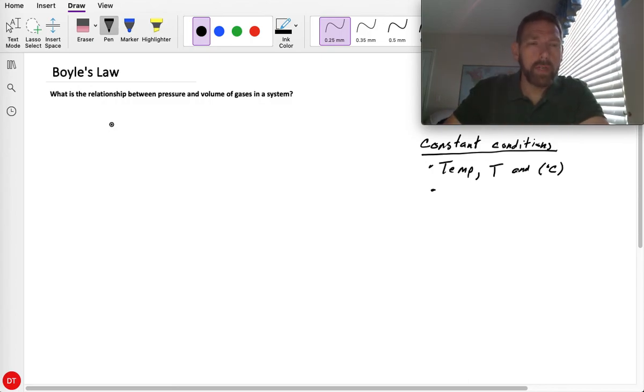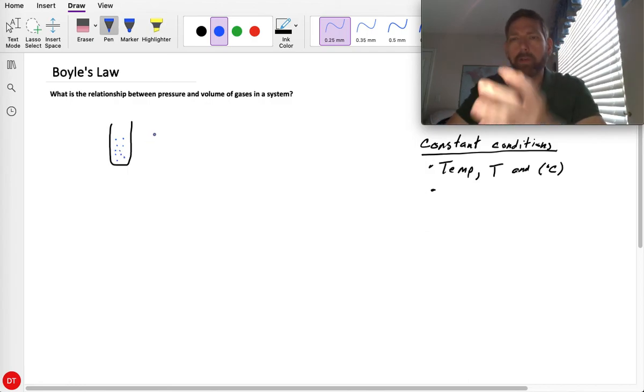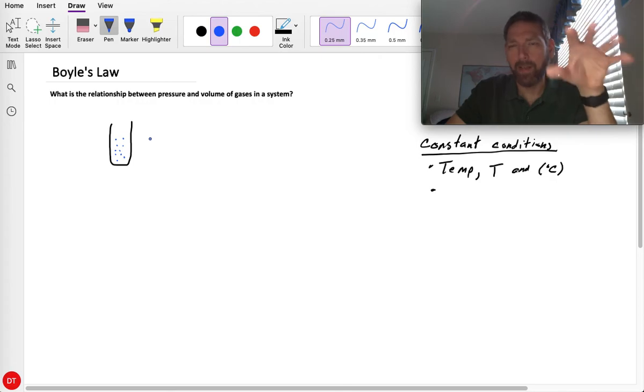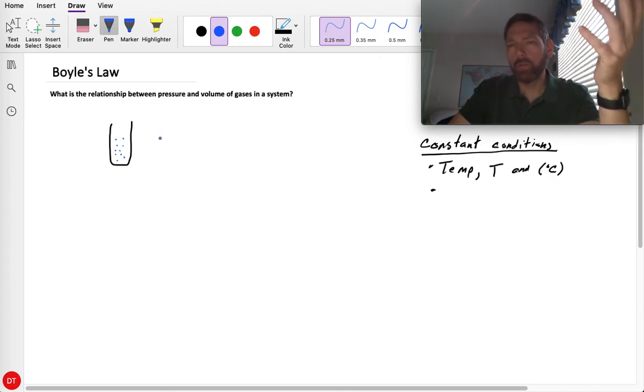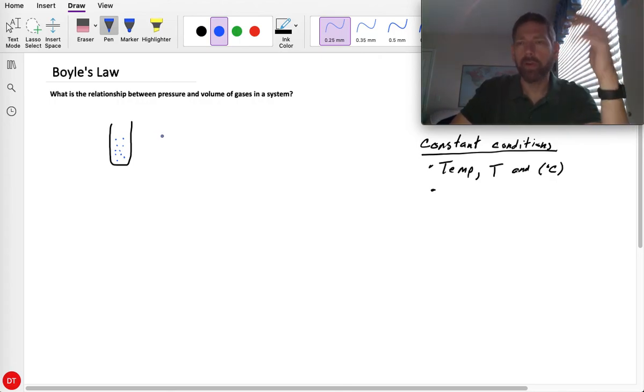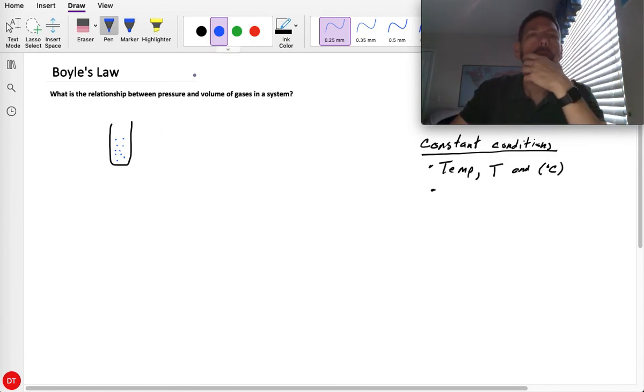Let's take a container, and I'm making this up. So there's 1, 2, 3, 4, 5, 6, 7, 8, 9, 10. I've just put 10 particles in there. Well, you wouldn't have just 10 particles, but 10 is an easy number to work with, instead of writing 100 or 1,000.